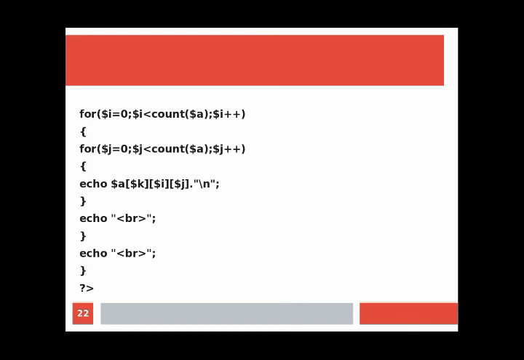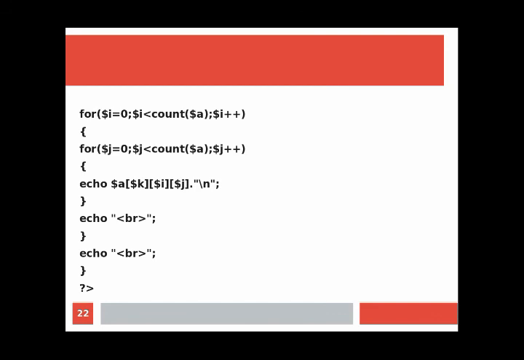Here next, again initialization, for $i equal to 0, $i less than count of $a, semicolon, $i plus plus. Again here we have taken the j, that is a column, for $j equal to 0, $j less than count of $a, semicolon, and $j plus plus.